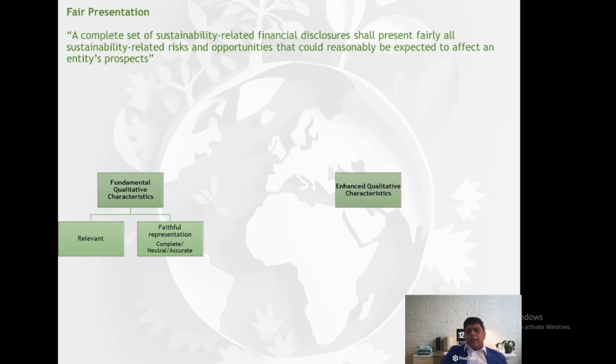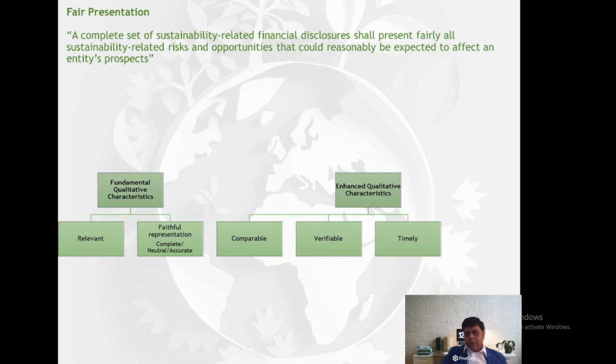The second major element, or we can say the second category, is the enhanced qualitative characteristics. What are those? Information must be comparable, verifiable, timely, as well as understandable.